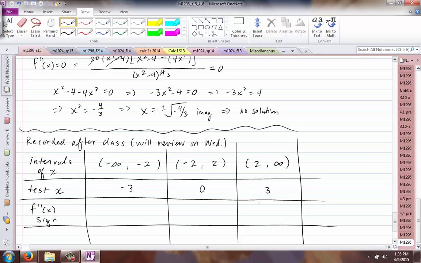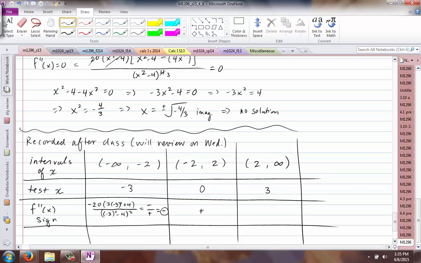And so for the sign, I'm not going to show all the work here, but I will for the first one. We're just plugging in negative 3 into the second derivative in its simplified form. And then we can play the sign game. If we do that, we get a negative on top over a positive in the denominator, which is a negative overall.